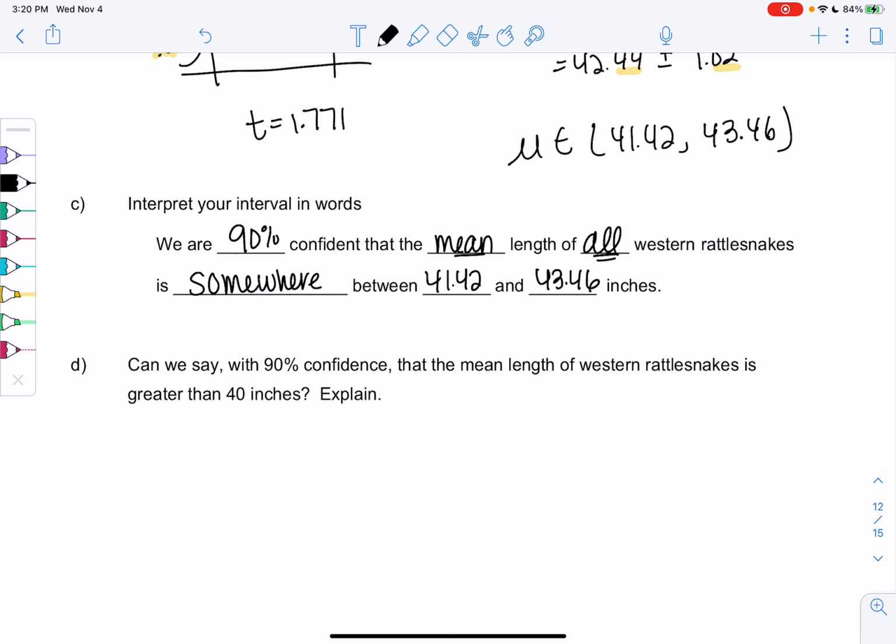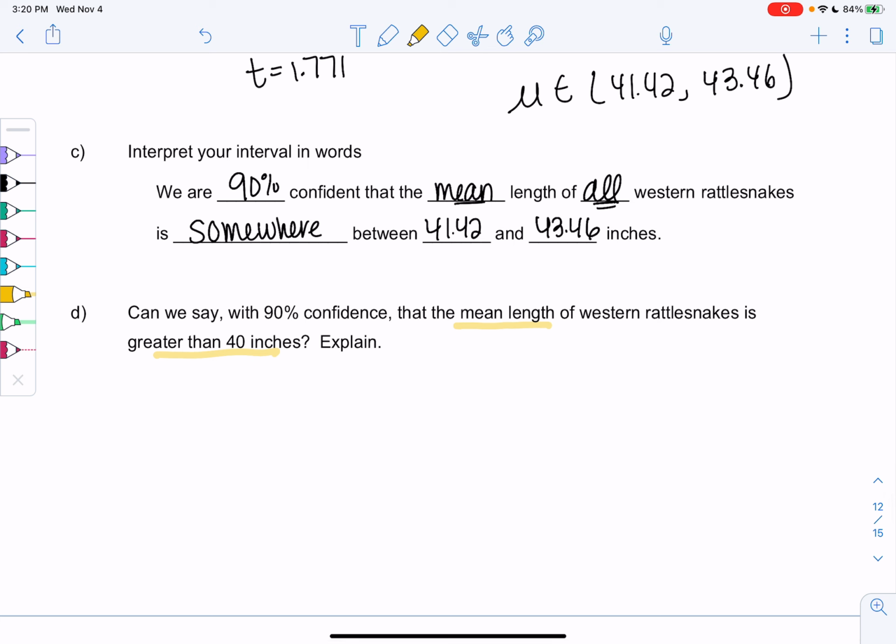So can we say with 90% confidence that the mean length is greater than 40 inches? So again, not a single rattlesnake, but the average. So my interval is telling me anything between 41.42 and 43.46 is a reasonable possibility. 40 will be out here. Is that whole interval bigger than 40?